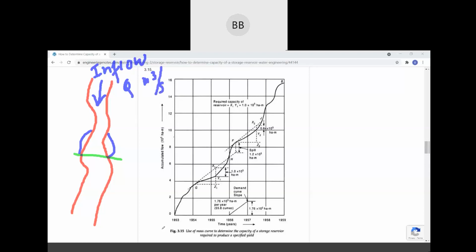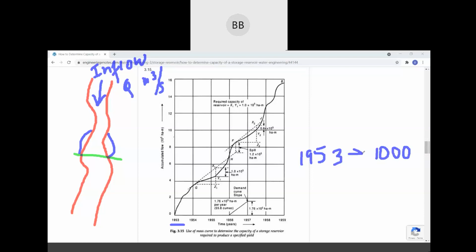Now, suppose in this diagram you see 1953. If we consider the year, then we take the average inflow in that particular year. Suppose for 1953, we have an average inflow of 1000, for example.